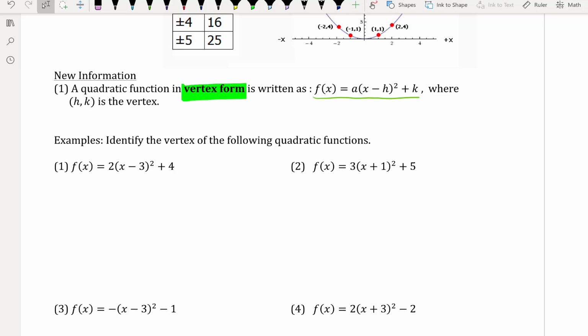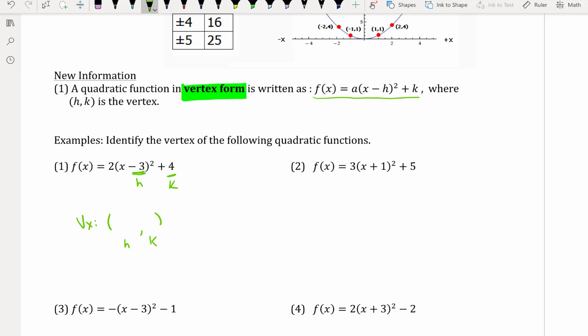It's already given to you in vertex form. So for the examples below, it says identify the vertex of the following quadratic functions. I know, according to this, that this value right here is my h, and this value is my k. So my vertex is going to be the ordered pair (h, k).